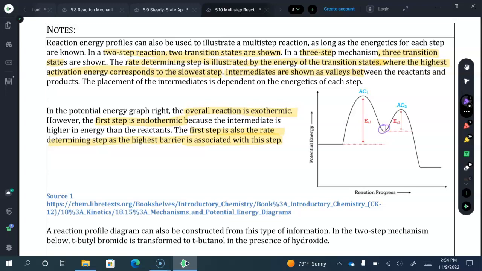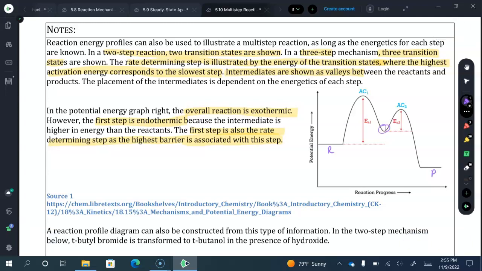The placement of the intermediates is dependent upon the energetics of each step. In the potential energy graph on the right, the overall reaction is exothermic because the products are lower in potential energy than the reactants.